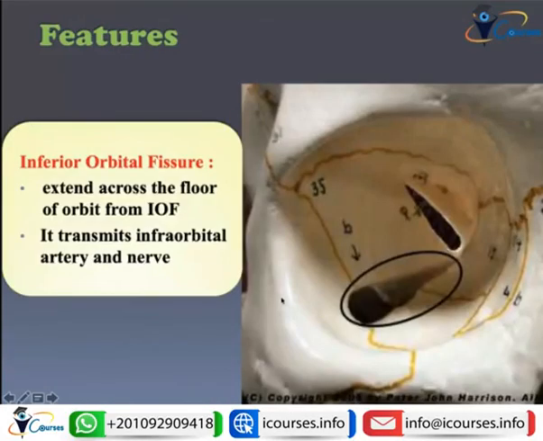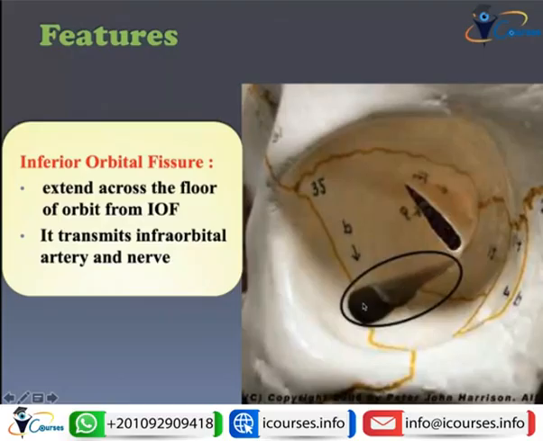So what are the features that distinguish the orbital floor? There is an important fissure here called the inferior orbital fissure, or the infraorbital fissure.